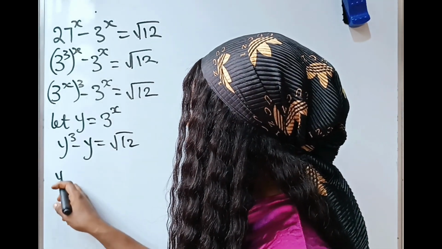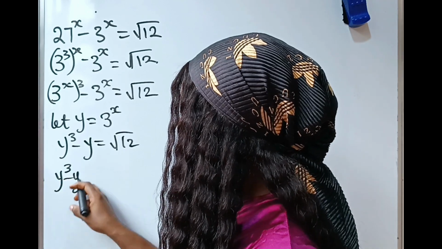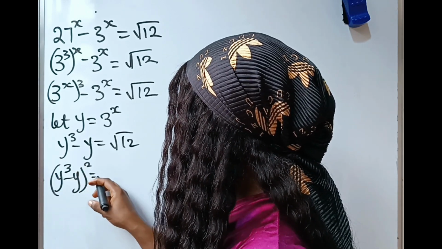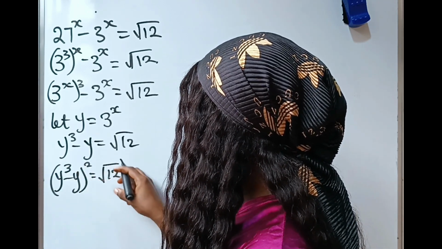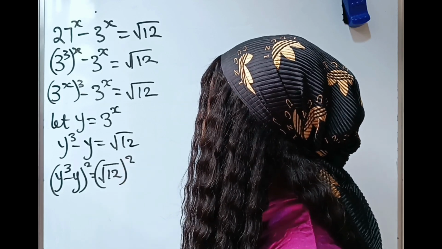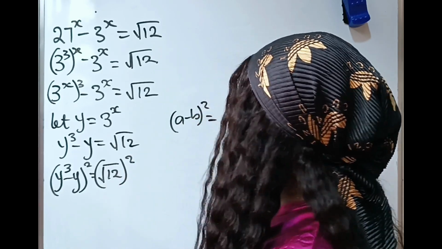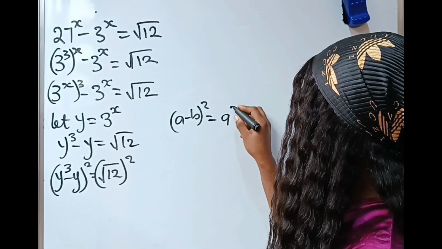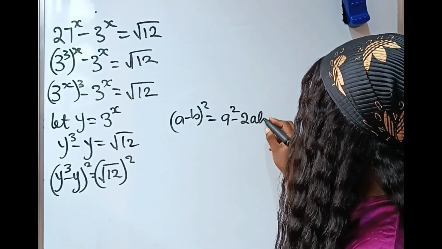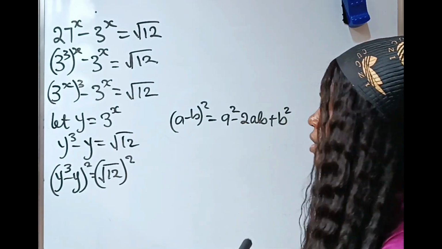So we can write y to the power of 3 minus y, all squared, is equal to square root of 12 squared. Now when you have a minus b squared, this is equal to a squared minus 2ab plus b squared.